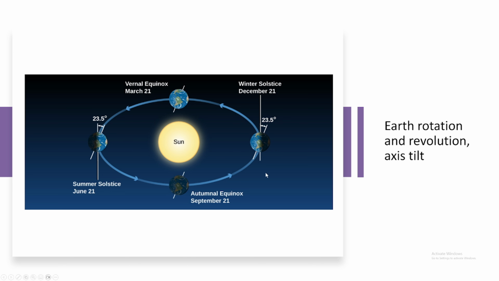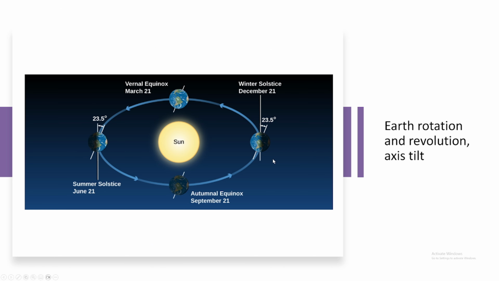There are 4 special places of the year when Earth is at different locations. This point is June 21st, called the summer solstice, and the opposite of that is the winter solstice. The other 2 are the vernal equinox on March 21st, which is spring, and the autumnal equinox on September 21st.